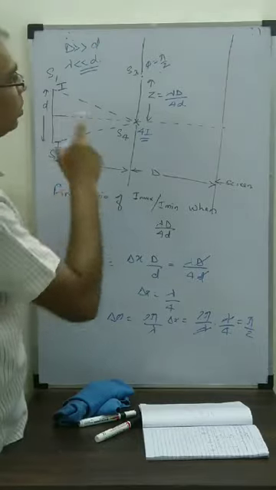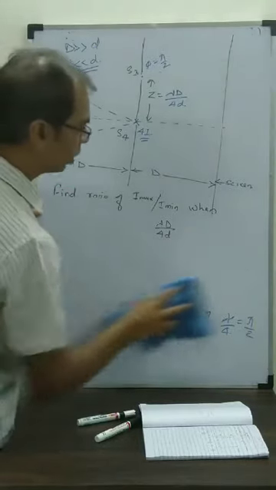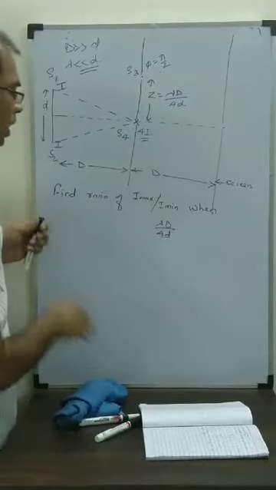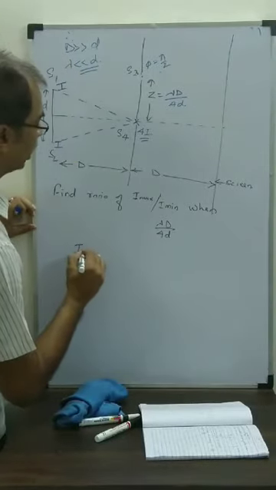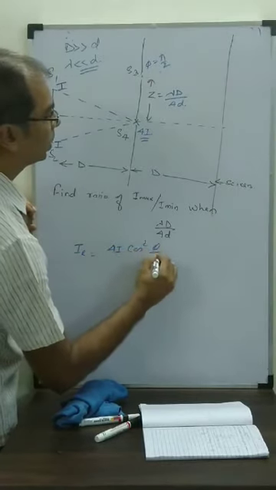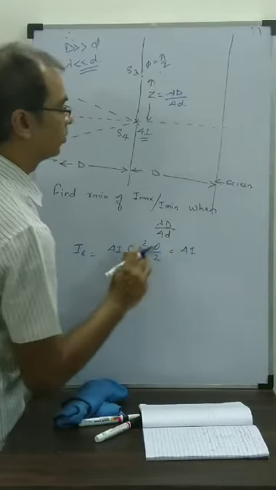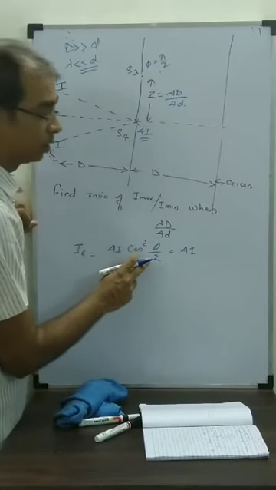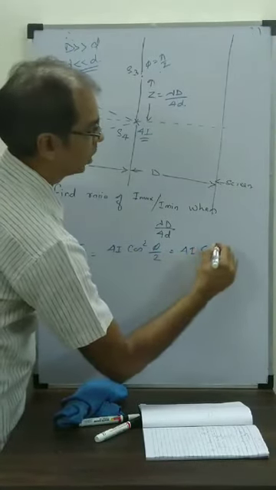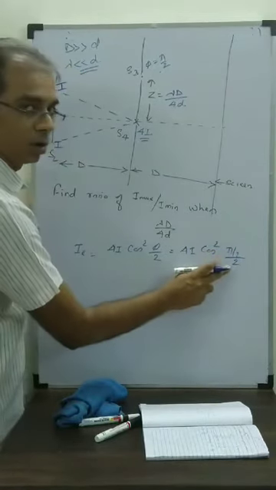So first thing is we are going to find what is intensity here. How to find intensity? We have the formula I R equal to 4I cos square phi by 2. Phi is given to you as pi by 2. So cos square of pi by 2 by 2, that means pi by 4.